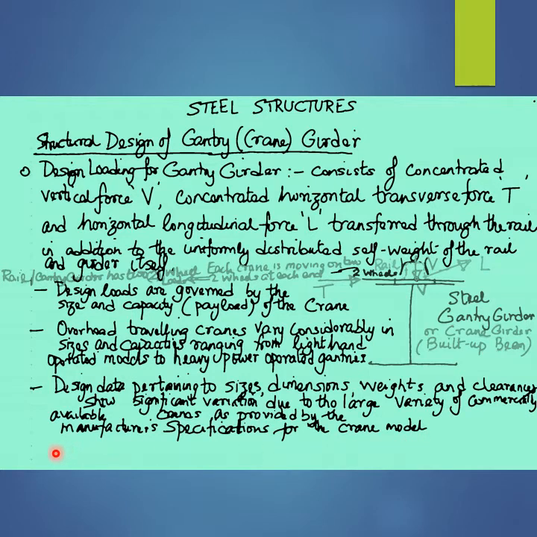The typical design data for some generic models of overhead electric cranes is displayed in the table shown in the annexure at the end of the presentation and will be referred to for the structural design of steel crane or steel gantry girders.